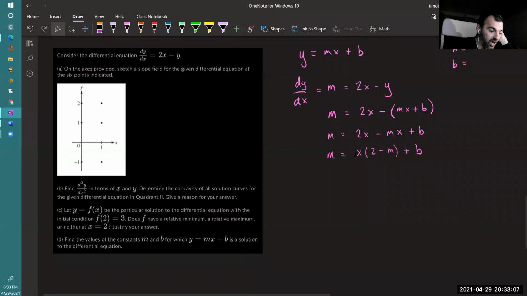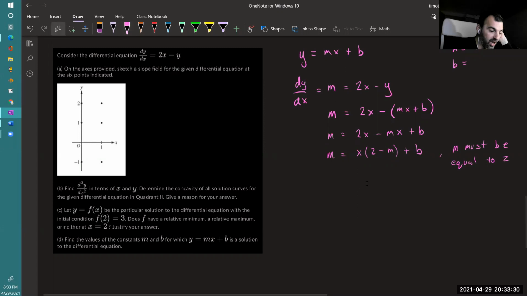So how do I make this x go away? The only way is if m happens to be 2. Therefore, m must be equal to 2.